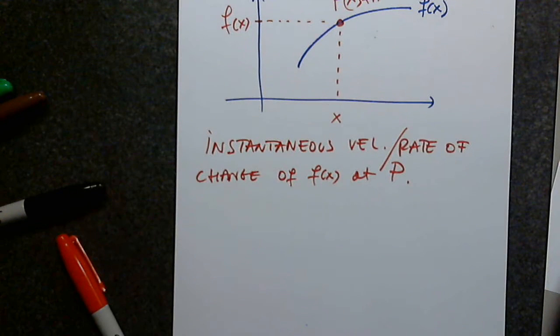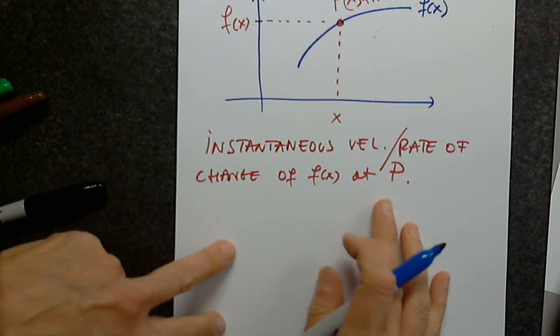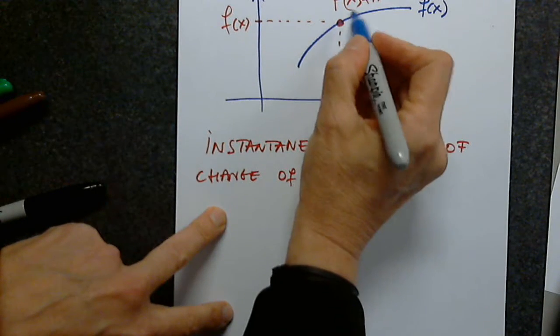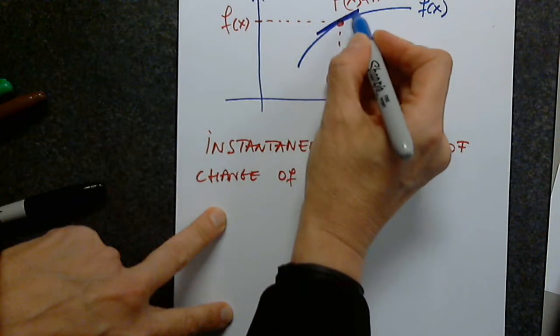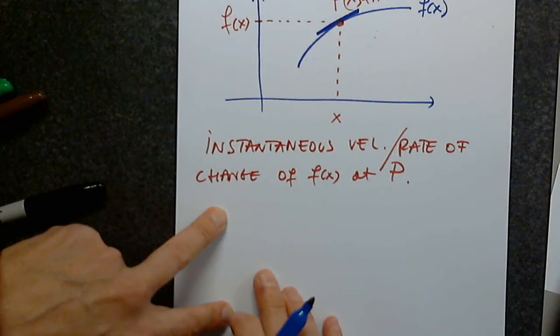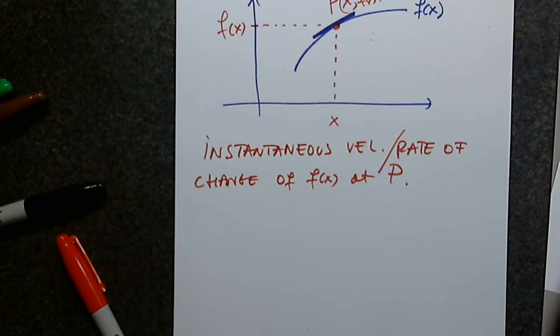Well, the rate of change of this function with respect to time at this point will be nothing else but the slope of the tangent line. The slope of the tangent line at this point will give us the instantaneous velocity or the rate of change of the function at that point.